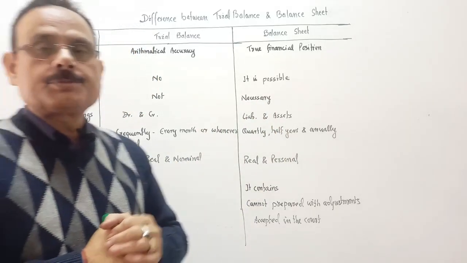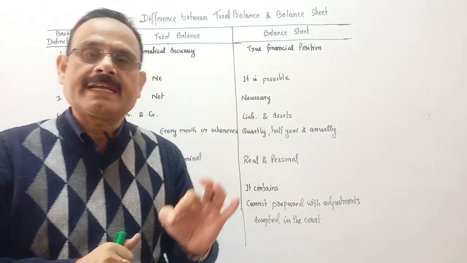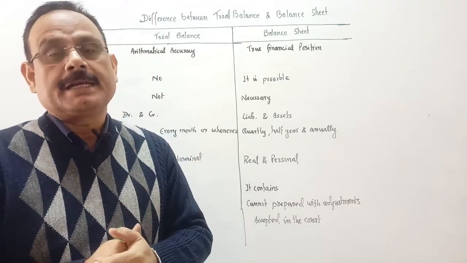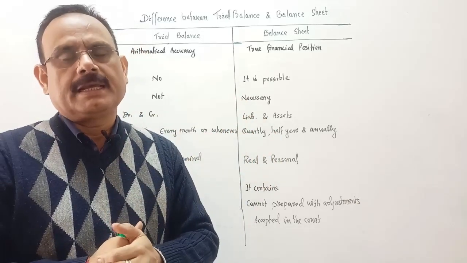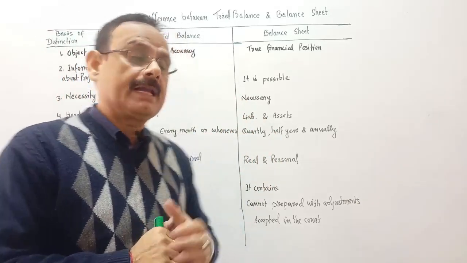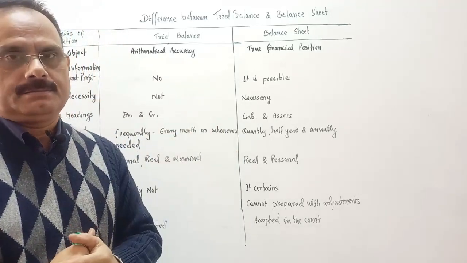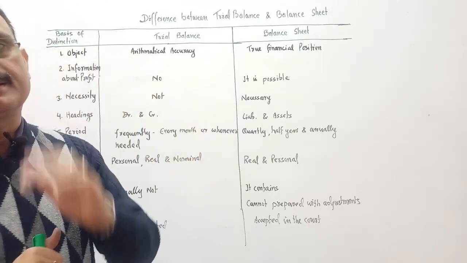Adjustment. No adjustment is done in the trial balance related to prepaid expenses, outstanding expenses, accrued income, income received in advance, depreciation. But in the balance sheet, we have to do the adjustment. Without adjustment, balance sheet cannot be prepared.